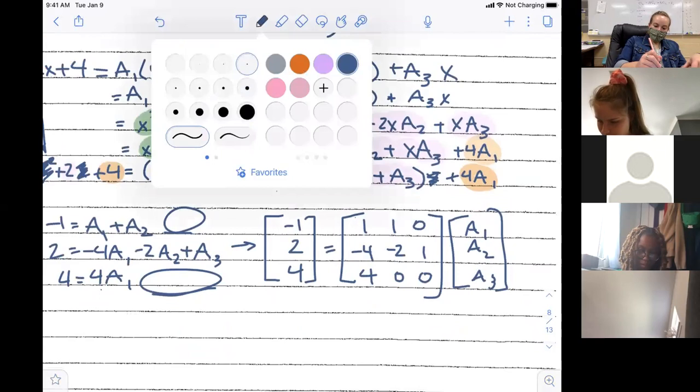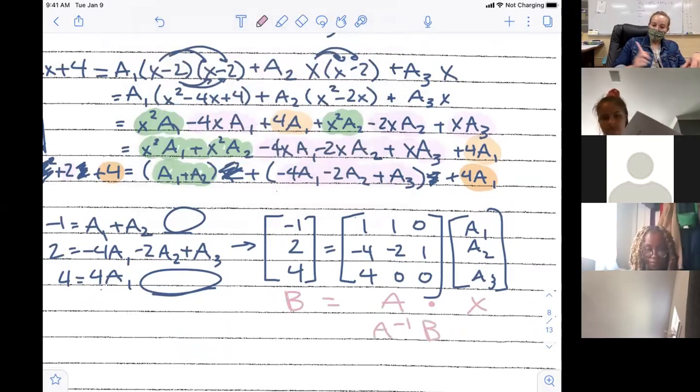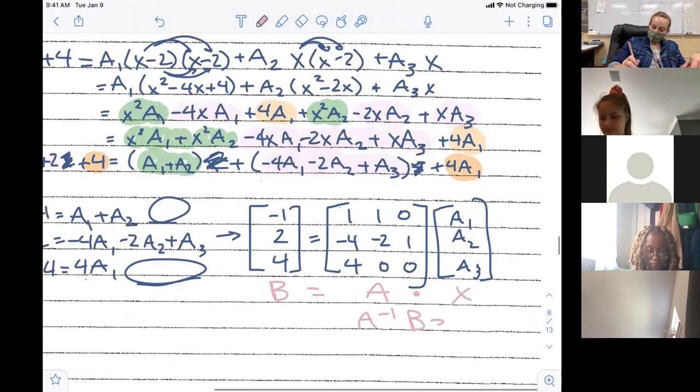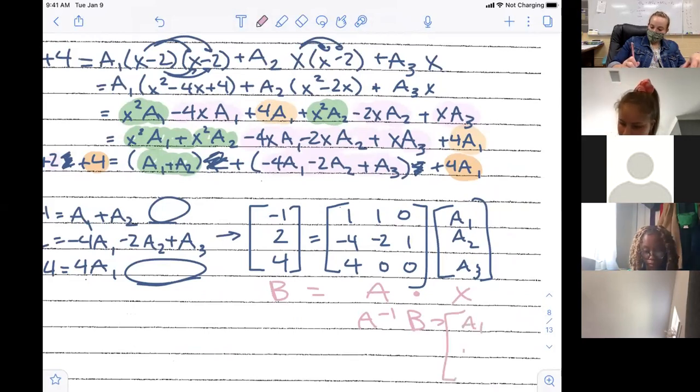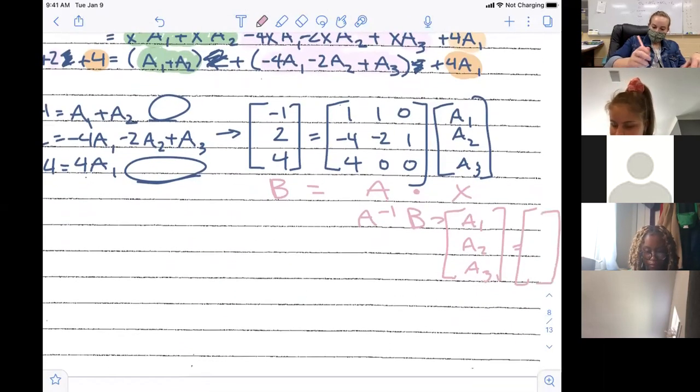I don't physically have to write this step out, but I'm going to take my A matrix and my B matrix and do A to the negative 1 times B, and that's going to tell me what my answers are. I'll have A1, A2, A3, and when I plug it in, I'm going to get 3 little answers. It's so much space. I don't know why I wrote that literally in the corner.